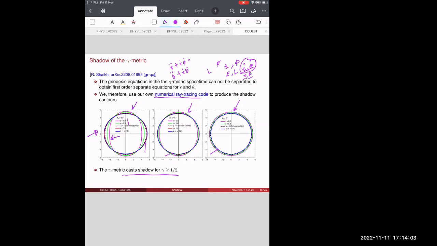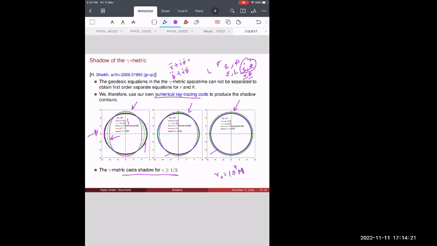So we just consider the second order equations, and then we take an asymptotic observer at some large distance, say r naught equal to 10 to the power 4 m.